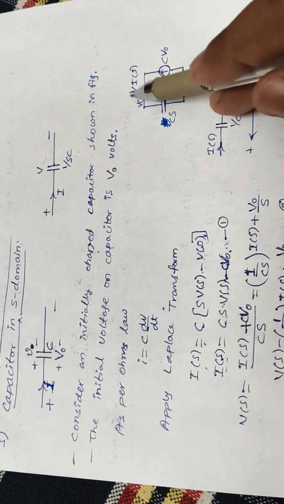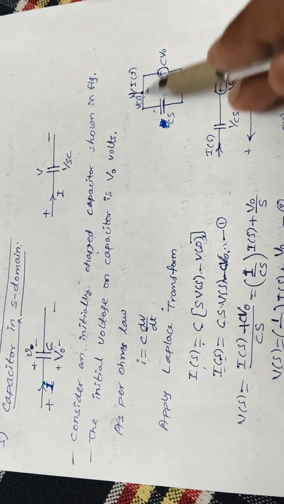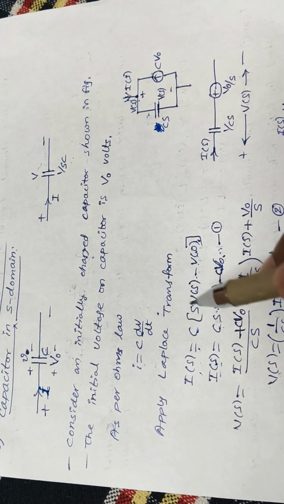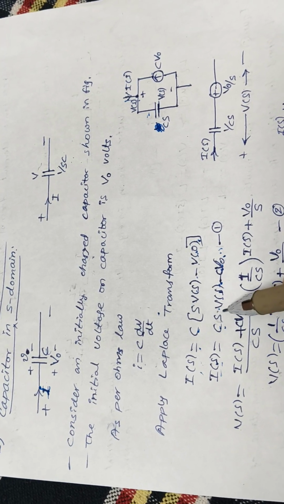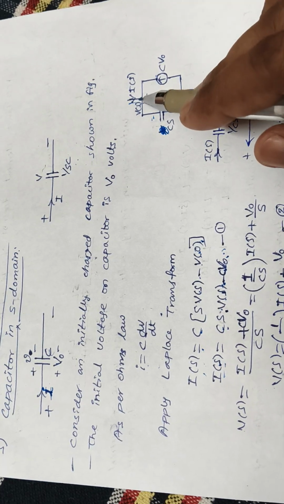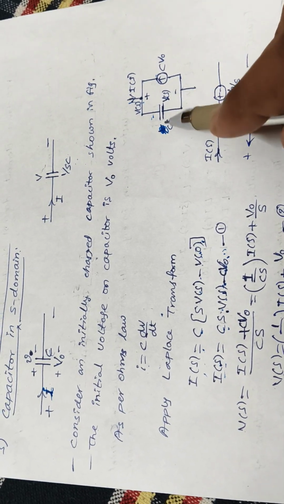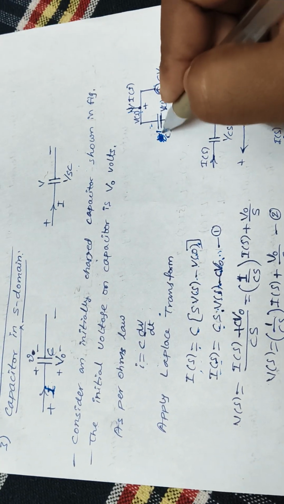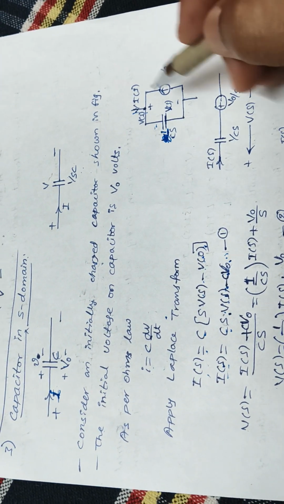I of S is the total current. The parallel branch voltage is V of S. V of S into Cs, right? So here, for the parallel branch admittance, what is the current across this branch? Voltage into admittance, right? What is the admittance here? It is actually 1 by Cs.